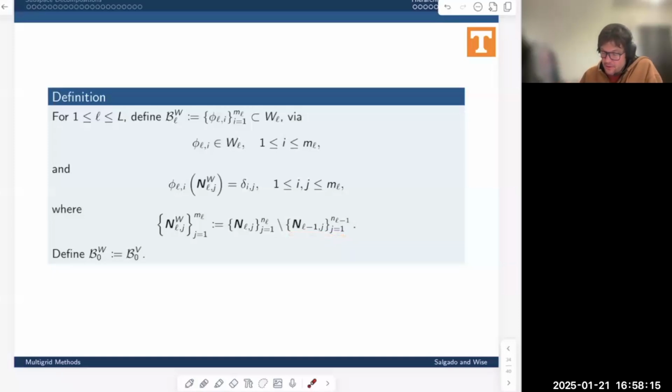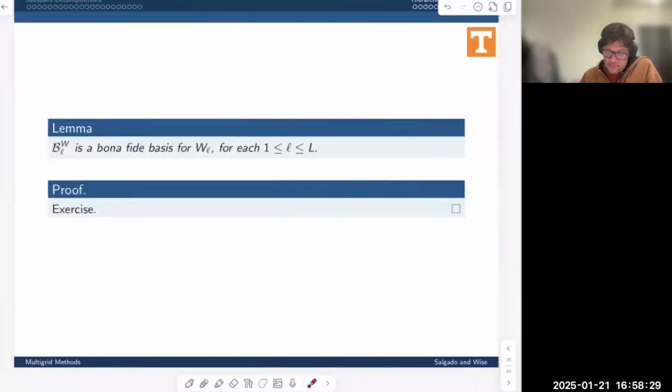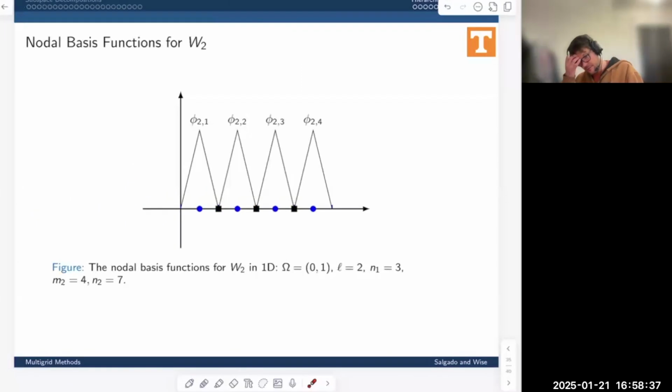So you take all the nodes and you remove all the ones from the coarse mesh, and that gives you all the nodes in the W space. And so that's an easy way to define a basis. A little lemma says that this is a bona fide basis for that. That's left as an exercise, and I hope that makes sense.